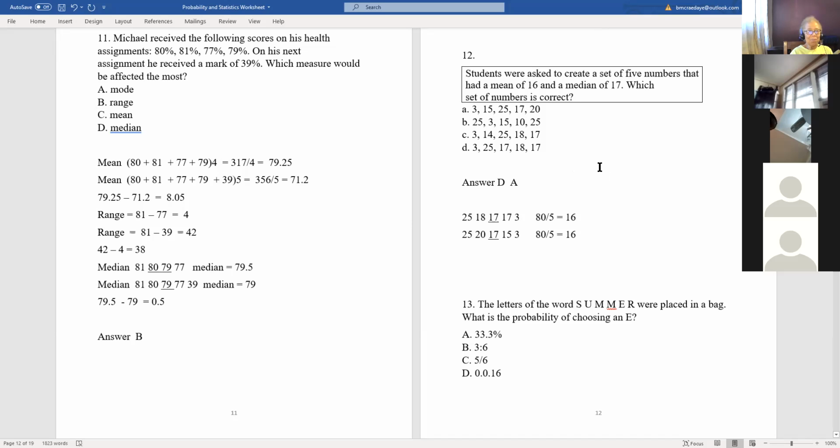Also, you can put both answers. Yes, it's a which set of numbers is correct. So it looks like Michelle, D is right, but so is A. Michelle, do you see that? Yes, ma'am. Okay, because when we put them in order, 17 was in the middle, correct? Odd number of items, 1 number's in the middle. That's the median right here. And this is mean.